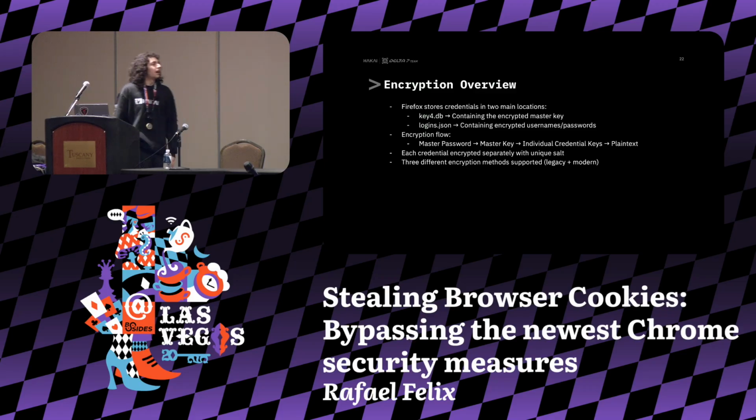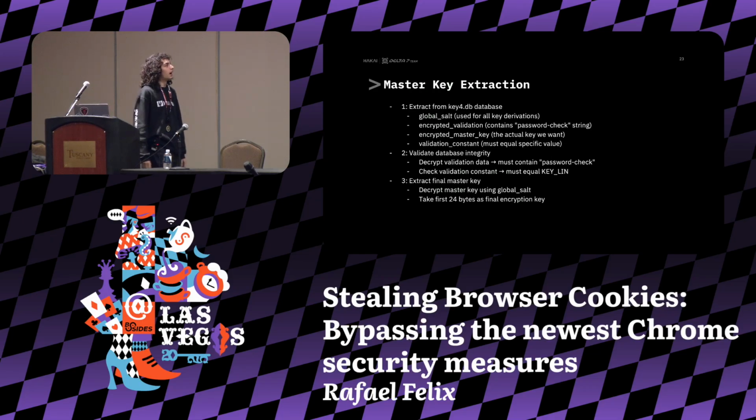Each credential is encrypted separately with a unique salt, and 3 different encryption methods are supported. This is done for backwards compatibility too, because Firefox first implemented a really legacy encryption method, and now we have a more modern and more secure one.